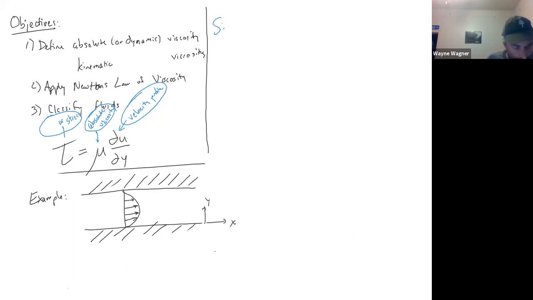I'm given Y in millimeters, and the velocity U in meters per second. I'm given this chart. This is 1 millimeter, 2 millimeters, 3 millimeters away from the wall, or up, I guess. So it's 1 meter per second here.